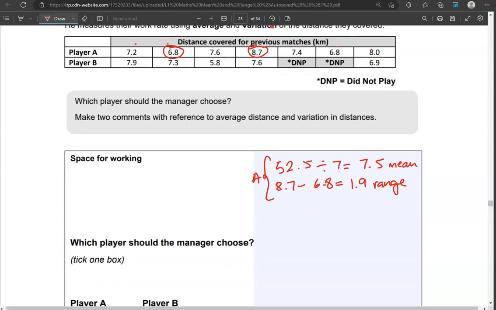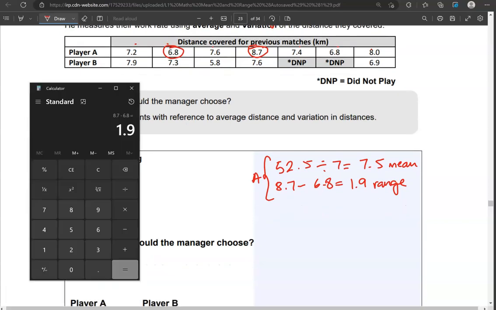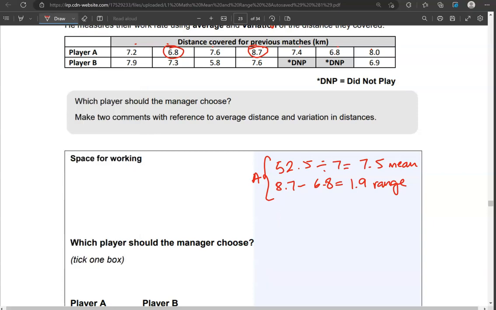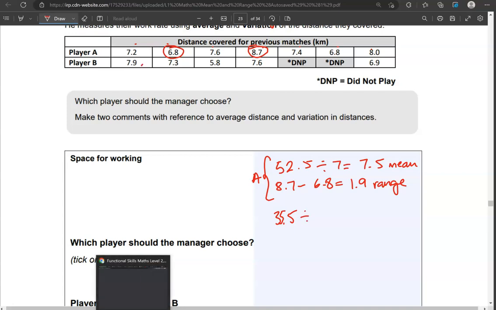Now for player B, working out the mean, so 7.9, add 7.3, add 5.8, add 7.6, add 6.9, gives us 35.5, which we're going to divide by 1, 2, 3, 4, 5.